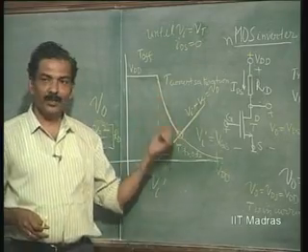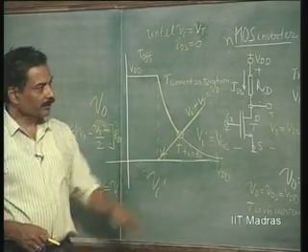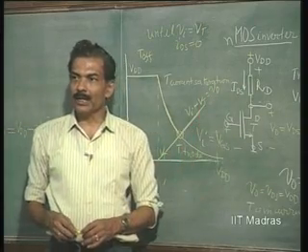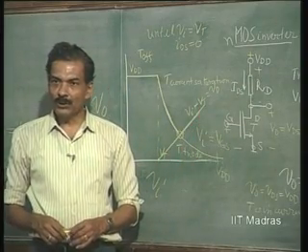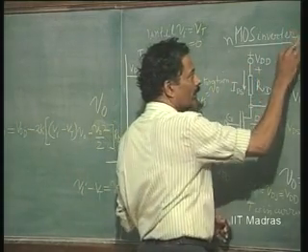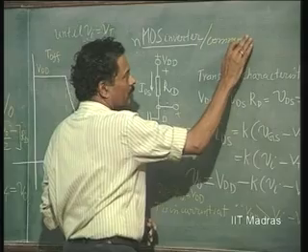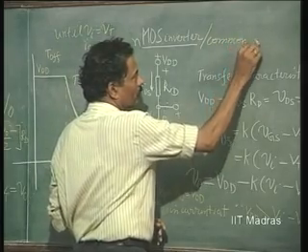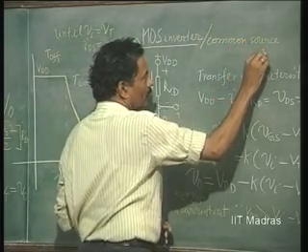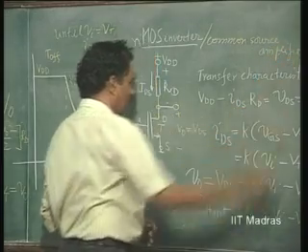region. If you select your operating point anywhere in this region, this is going to be used as what is called a common source amplifier. So, NMOS inverter or common source amplifier. How?